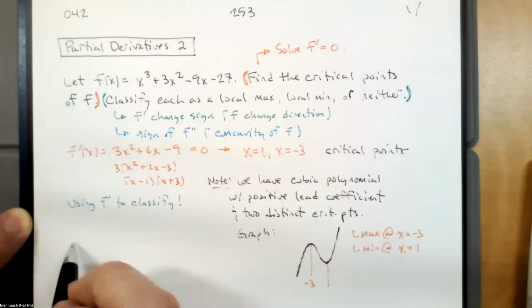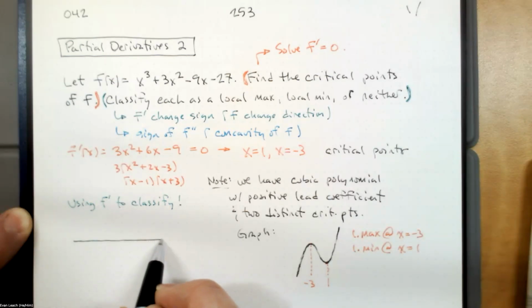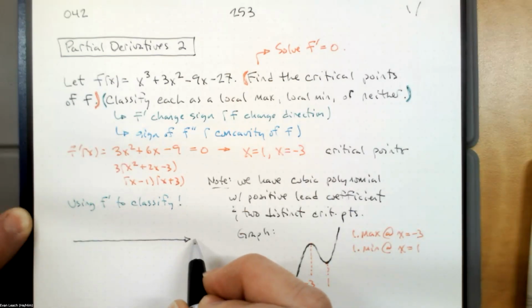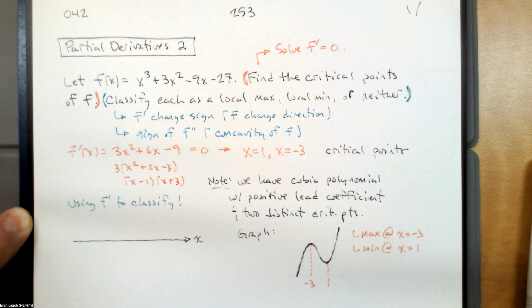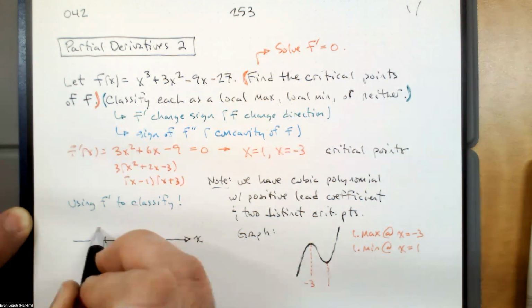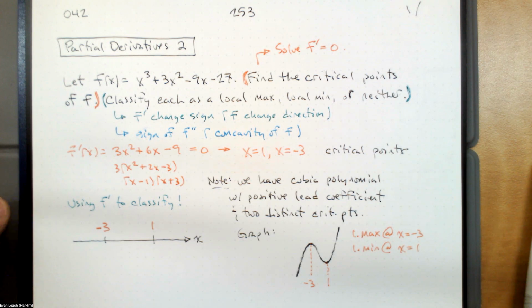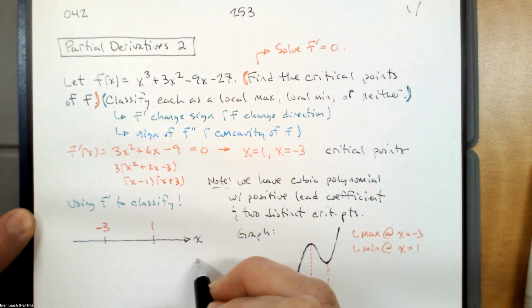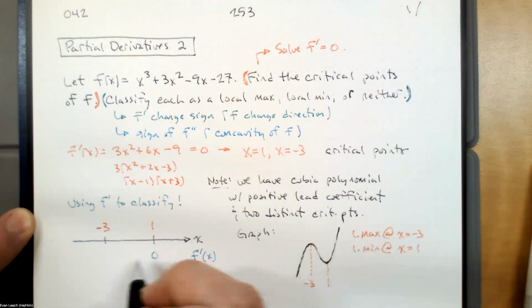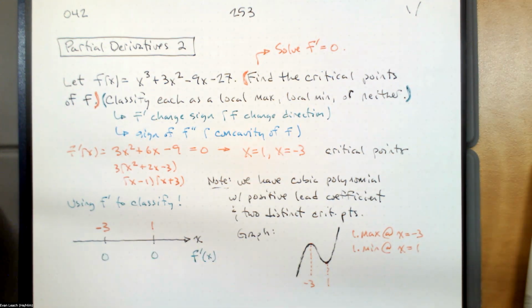If I build a number line, I have two critical points at -3 and at 1. We know that the first derivative is 0 at these points. Now we just need to check whether the first derivative is positive or negative in each of these 3 intervals.